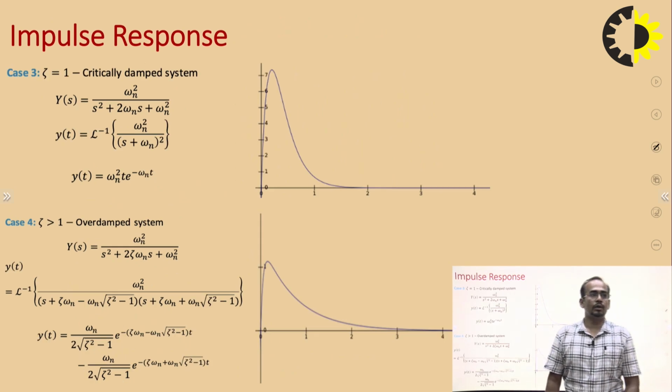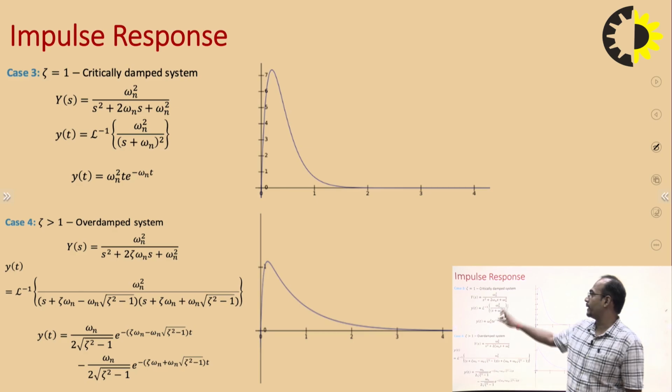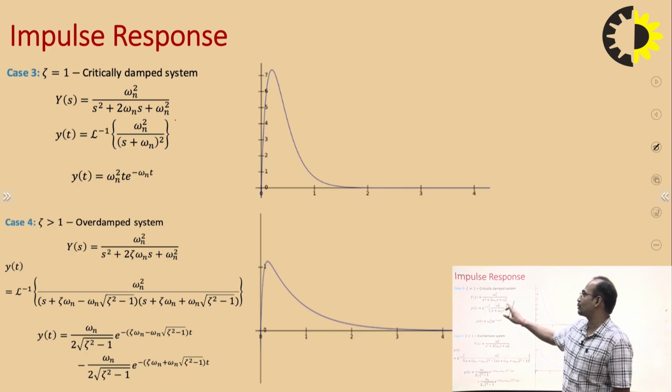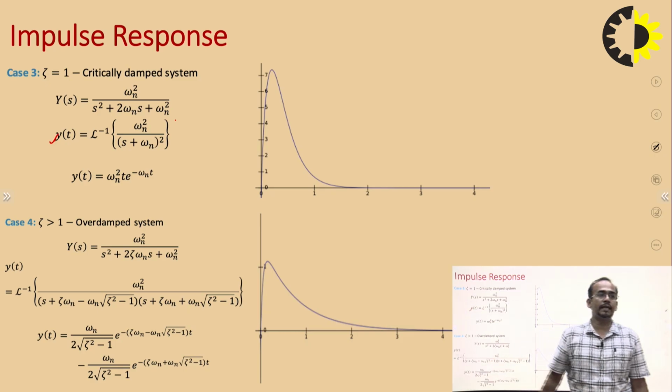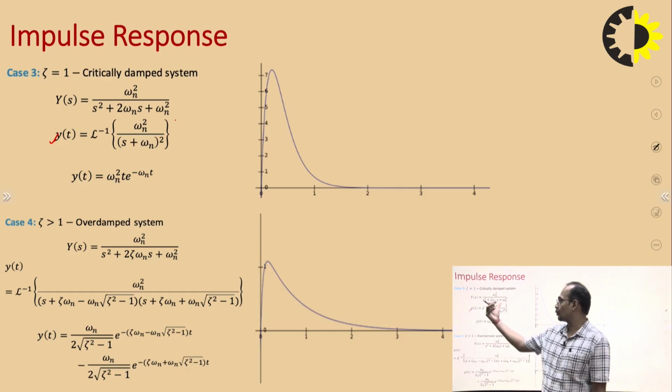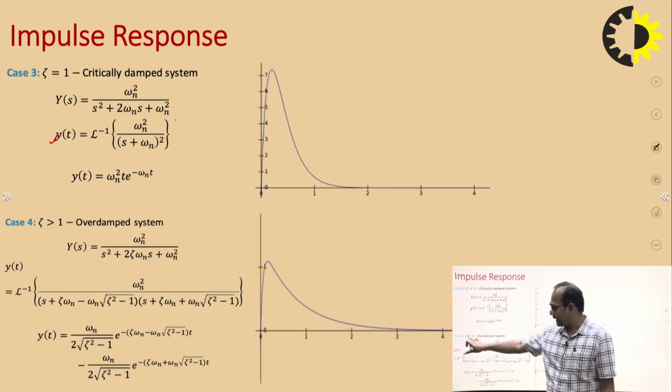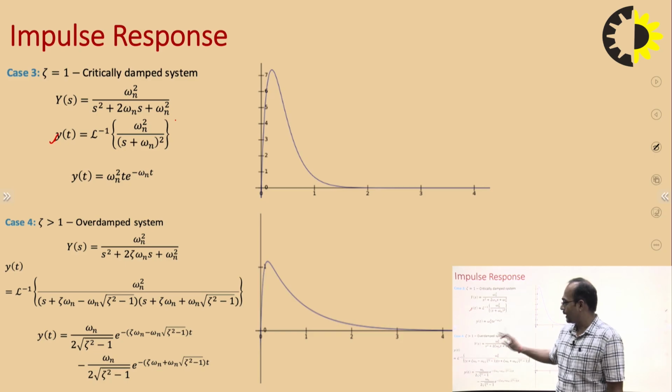For zeta equal to 1, that is the critically damped case, you will get omega n square upon s square plus 2 omega n s plus omega n square, so this is omega n square upon (s plus omega n) square. So y(t) is equal to omega n square t e to the power minus omega n t. You will get this by taking the inverse Laplace of this equation. For zeta greater than 1, this is the overdamped system.